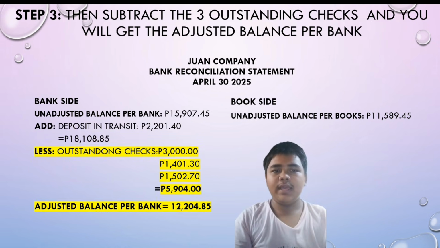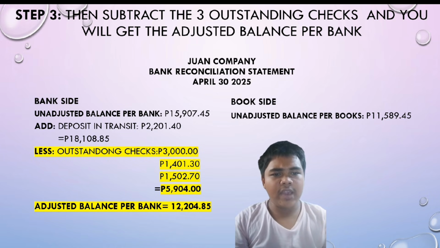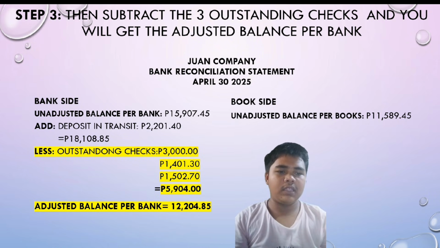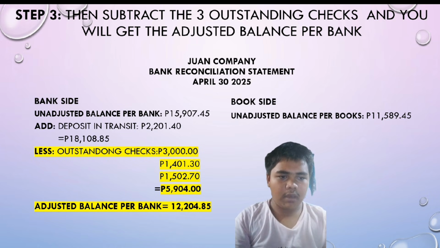Step 3. Then, subtract the three outstanding checks and you will get the adjusted balance per bank. After you added the deposit in transit, which is already 18,108 pesos and 85 cents, we have to minus the three outstanding checks, which are 3,000, 1,401 pesos and 30 cents, and 1,502 pesos and 70 cents.